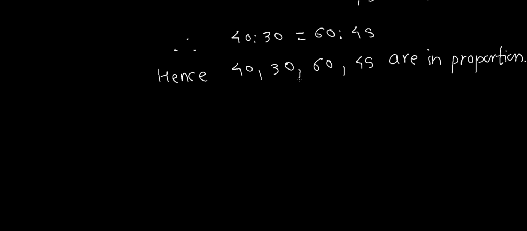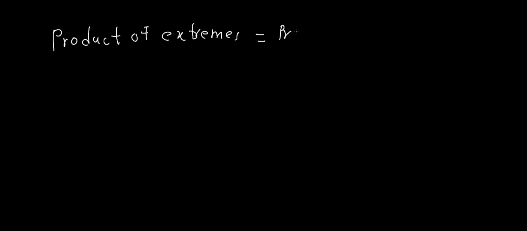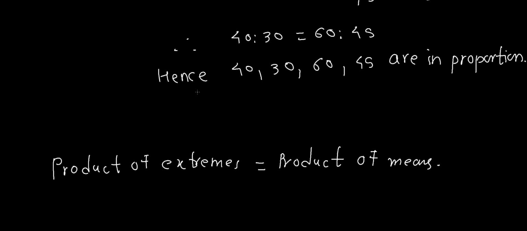We can cross check this as discussed earlier: product of extremes is equal to product of means. That's the verification of the proportion. So these are extremes, 40 and 45, and these are means, 30 and 60.